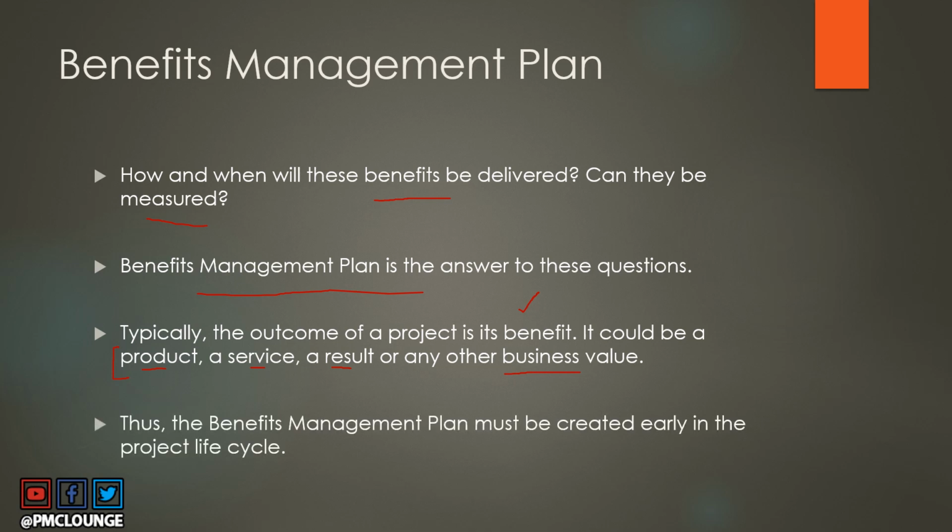So the benefits management plan is actually created earlier in the project life cycle because everyone involved in the project need to know the kind of benefits that are expected once the project is complete. And these benefits, like I said earlier, these benefits is the sole reason why a project is taken up.